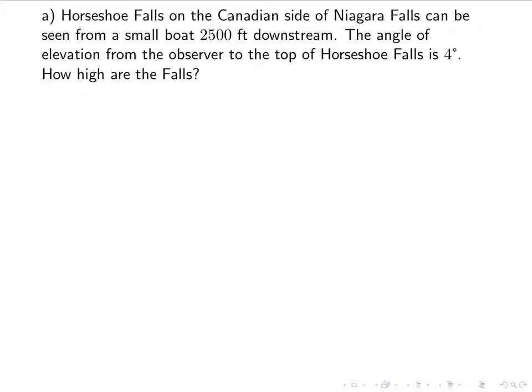So before we start drawing the picture and trying to find out the answer, I want to talk a little bit about what it means to be an angle of elevation. We have angles of elevation and angles of depression. These angles always start at someone's eye level.